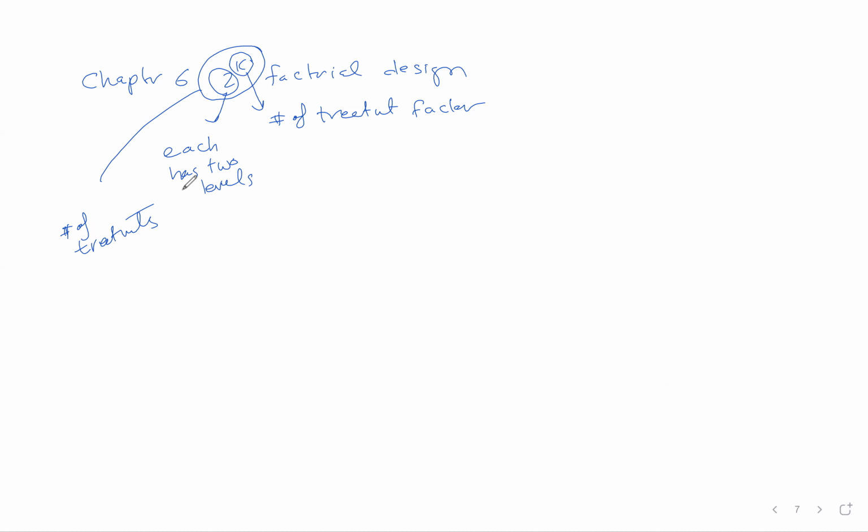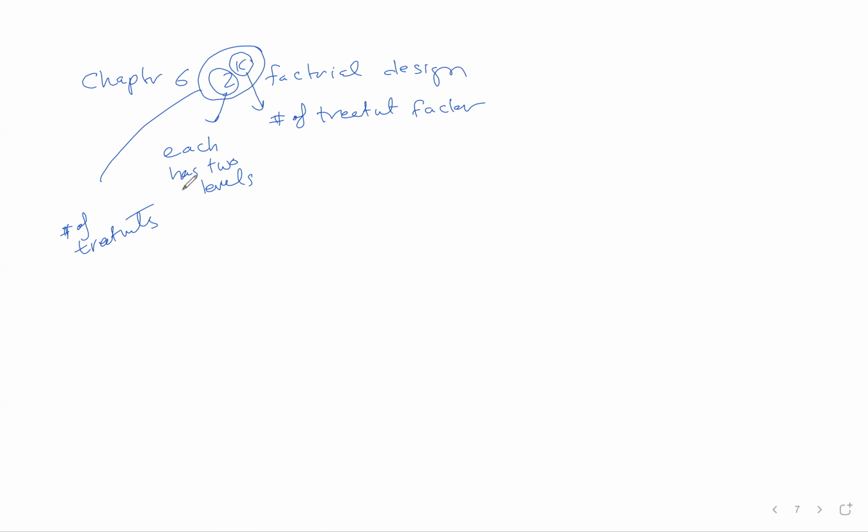So how do I select the 2 levels? If the variable is categorical or nominal, you select 2 levels that are far away from each other as much as you can. Like if it is educational level, you select 2 levels, like someone with college and someone who doesn't know how to read or write.